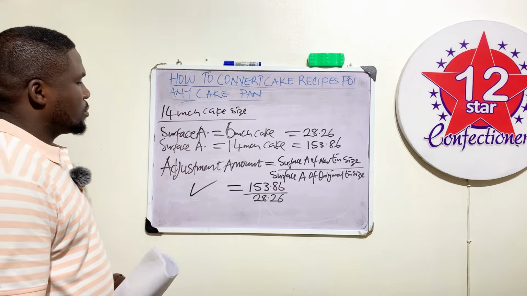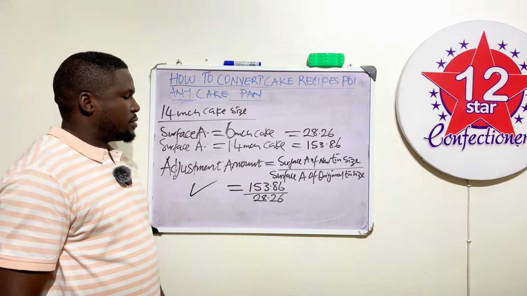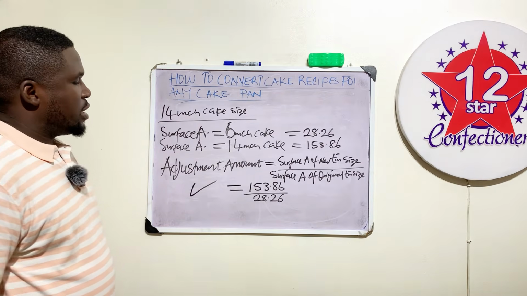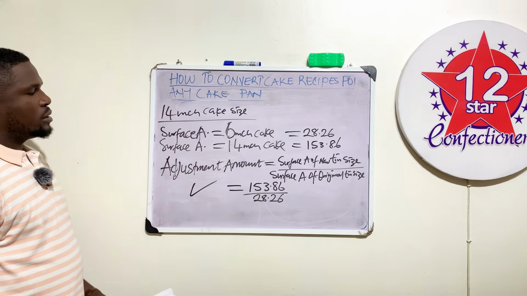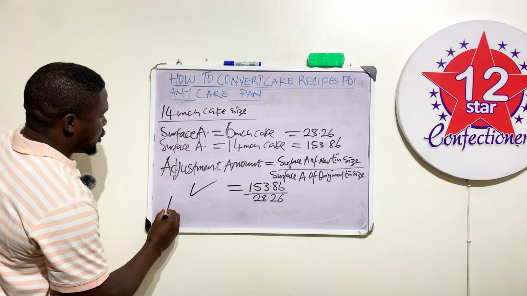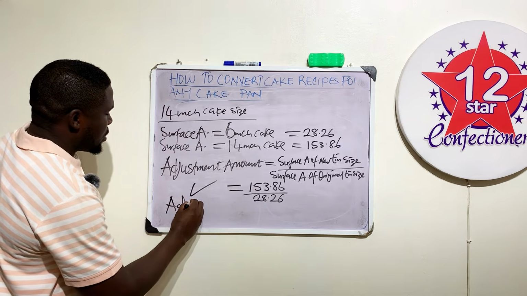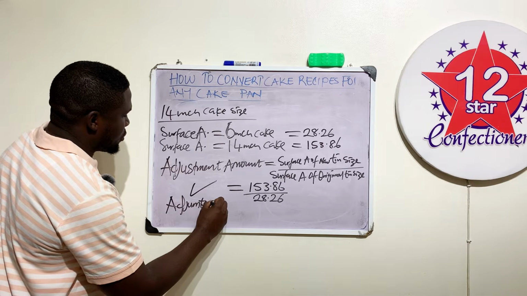Is it 28 points? Okay. I have 153.86 divided by 28.26. 5.4444444.